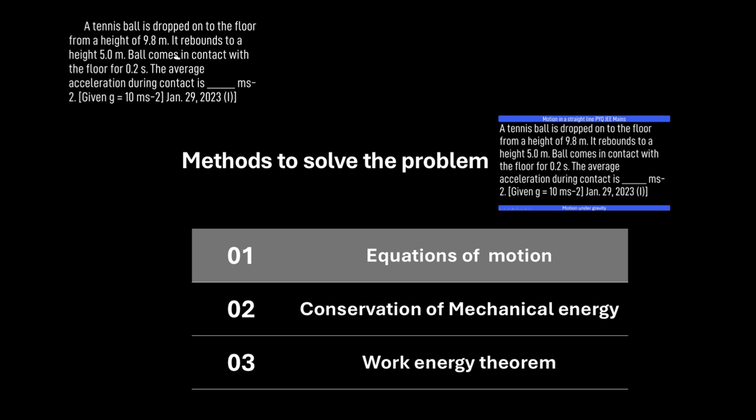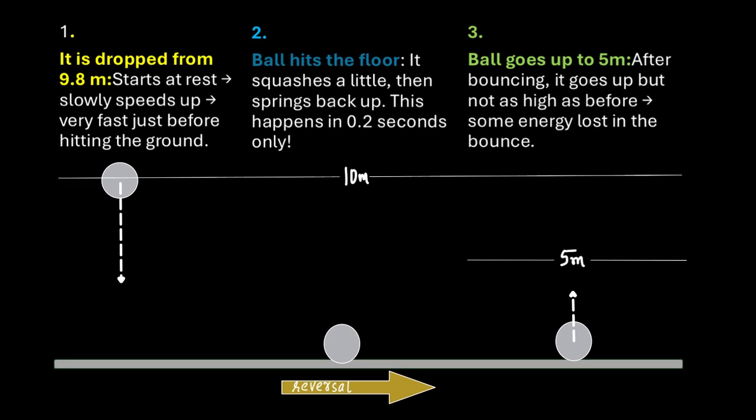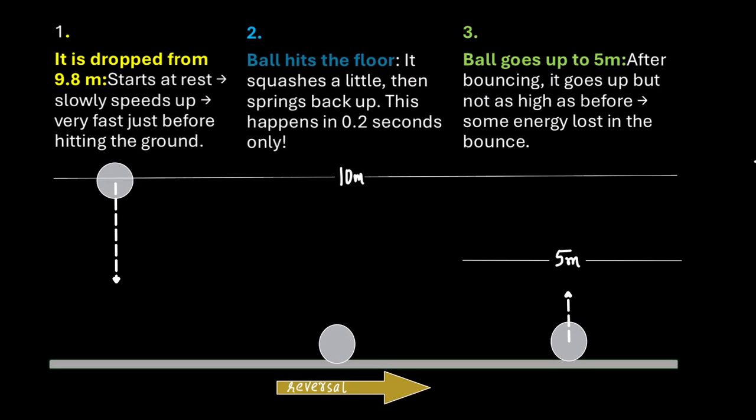First and foremost, let's move with equations of motion, right? Why? Because we're doing motion in a straight line. To understand the question better, the tennis ball here is dropped from 9.8 meter. It starts from rest.